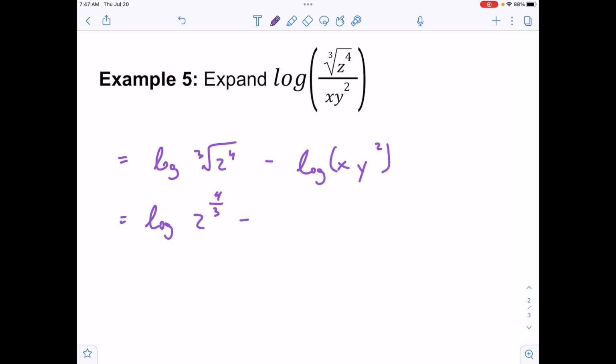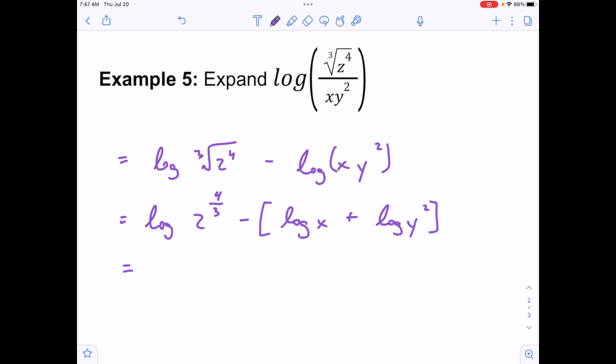And then I'm actually going to use my multiplication law here, and I'm going to split this into 2 where they're being added. So this is going to be log of x plus log of y squared. And I'm putting these in square brackets here as a reminder that there's this subtraction sign that will need to be distributed out.